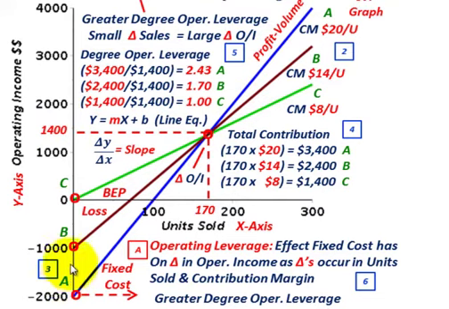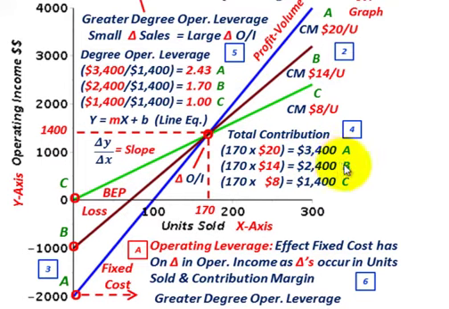So we covered our $2,000 worth of fixed cost to come up to our break-even point, and we had a negative operating income up to that point, and then beyond that we generated that $1,400 in operating income. I went through the line equation, but then looking at it based on our total contribution as well.